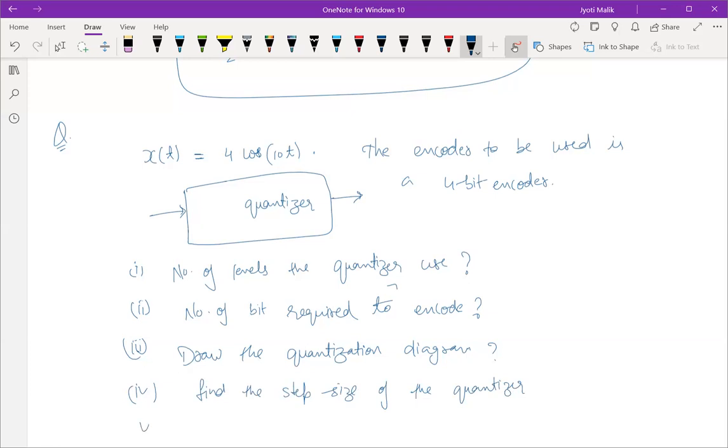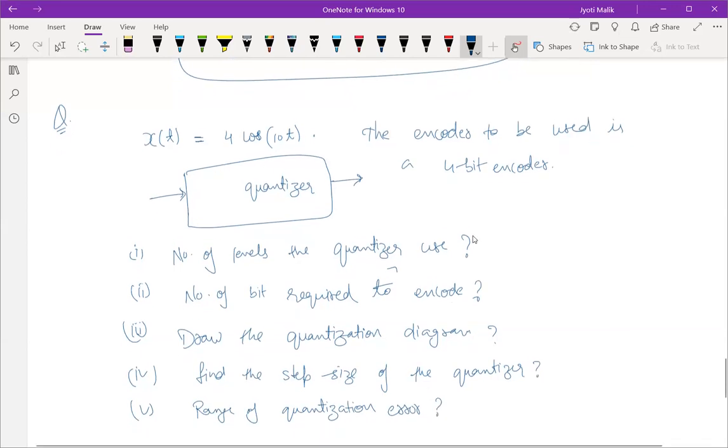Next is find the range of quantization error. Just try to answer, otherwise I'll help you.